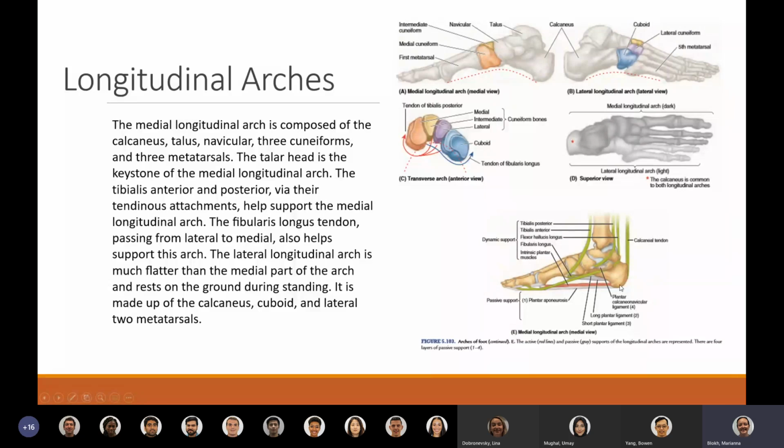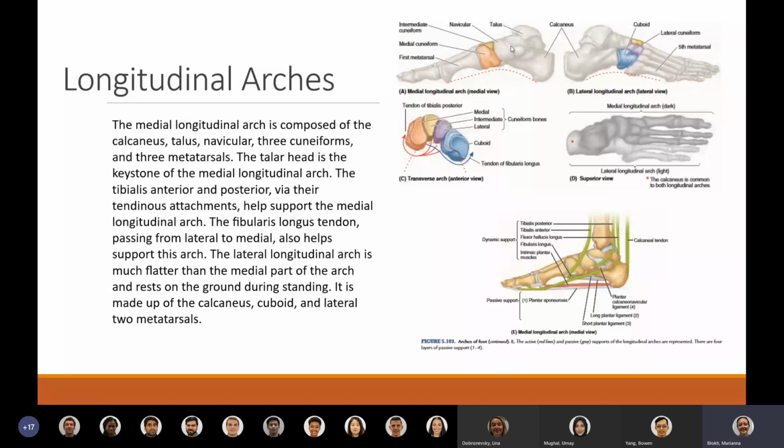What are the components of the medial longitudinal arch? We have our calcaneus, the talus, the navicular, the 3 cuneiforms, and the 3 metatarsals. What's of note here? We have the talar head right here. The talar head is the keystone of the medial longitudinal arch.